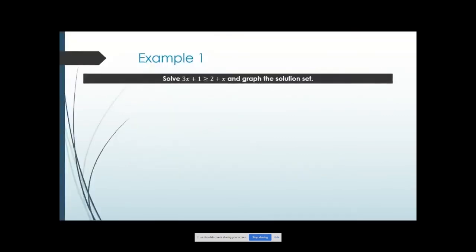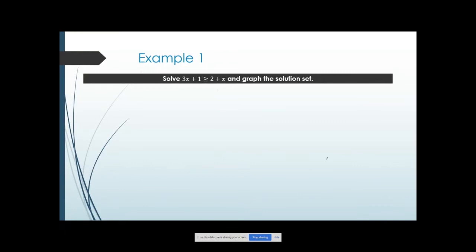So here's one where we're going to solve and graph, so you can see the connection there. We've got 3x + 1 is greater than or equal to 2 + x. Because I want the variable on the left, I always move my variable first.